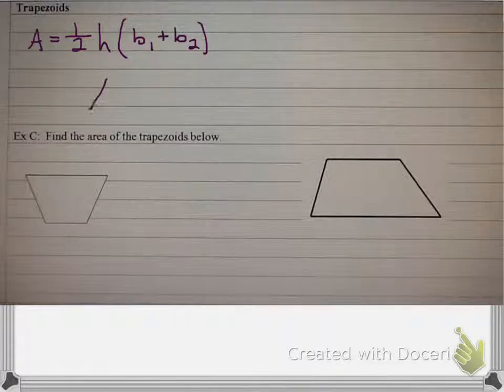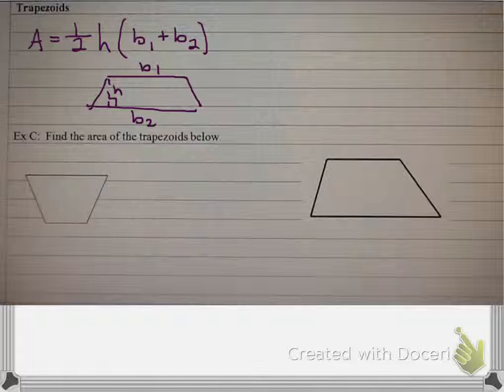And just to have a reference here, in our trapezoid, this would be B2 down here, this would be B1, and our height again has to be perpendicular inside, so that's our height. B1 and B2 is just what we call the two bases.